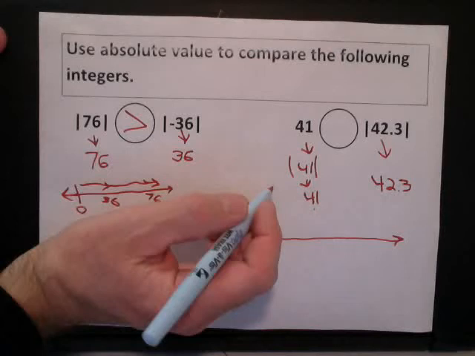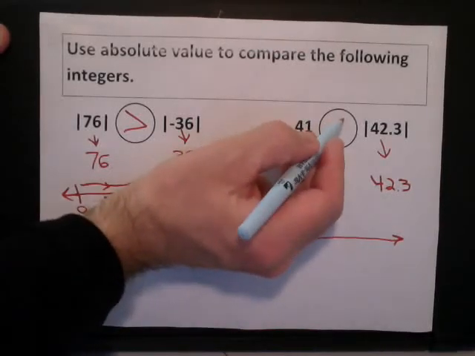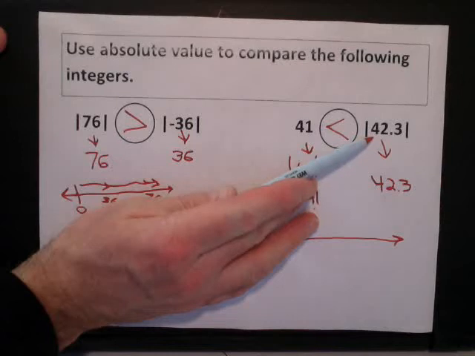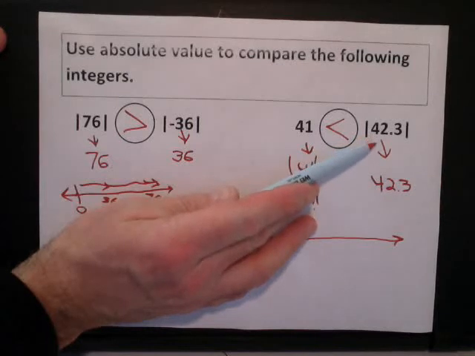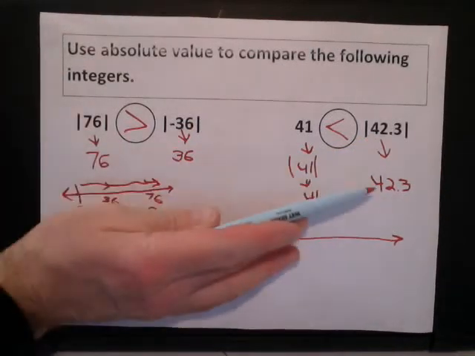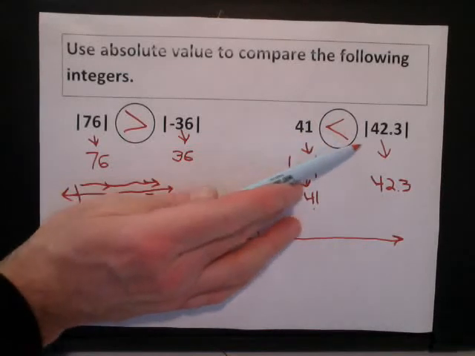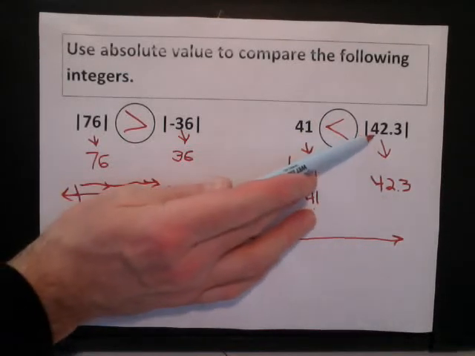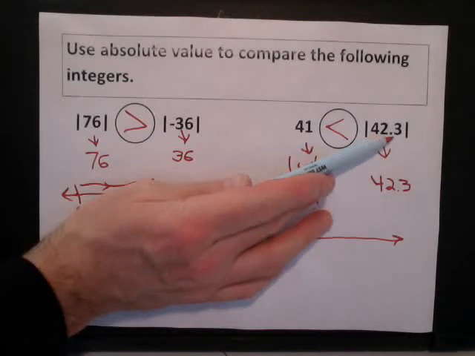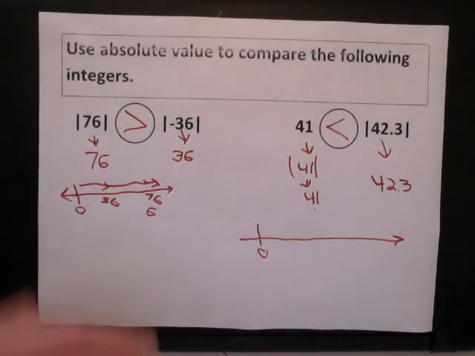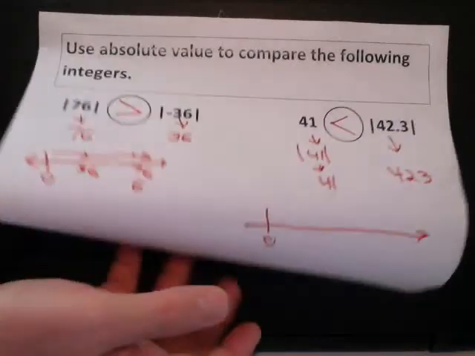So, in this case, 41 is less than the absolute value of 42 and 3/10. And notice how I said that. 41 less than the absolute value of 42 and 3/10. Okay? So be very careful when you're reading those and writing down your answers.